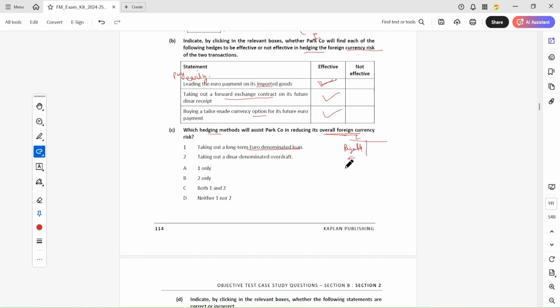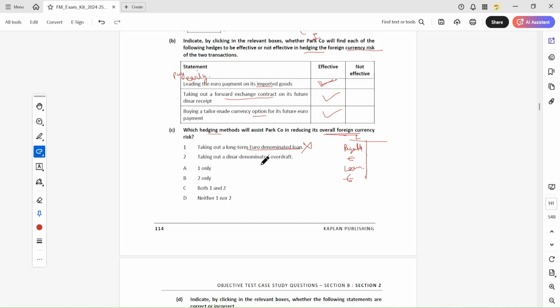If we create another loan in euro, that does not hedge the risk; it will create further risk. We have to create an asset in euro. So this is not a way of hedging risk.